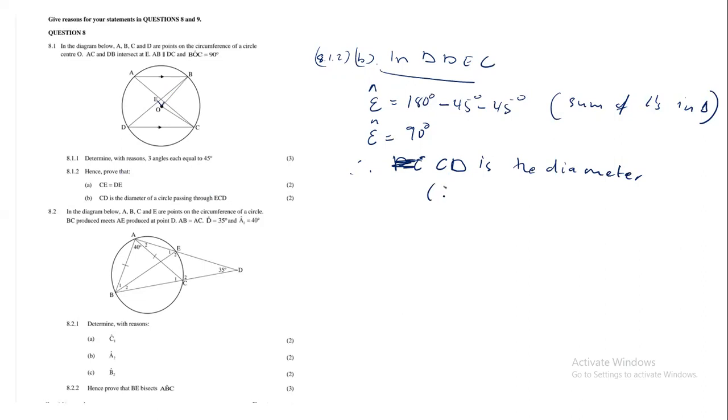It's subtended by 90 degrees. That's why we proved that CD is a diameter. It's the converse of theorem number 3. I hope that was clear. Feel free to ask where you do not understand.